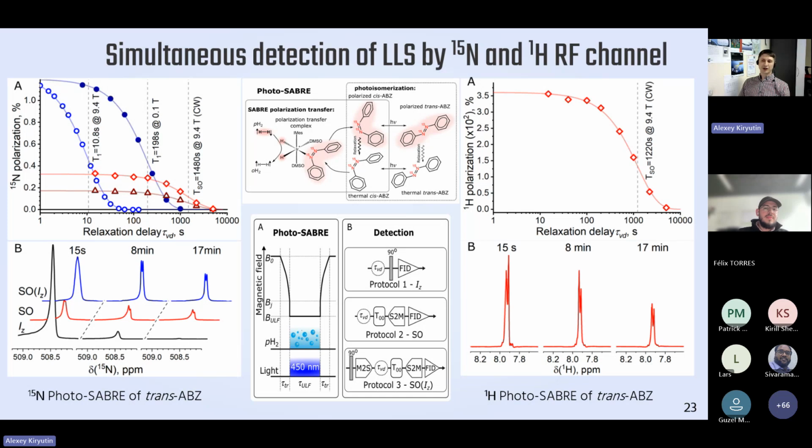So we tried only at natural abundance, but with natural abundance, first of all, the signal is tiny, and we also found out that 14N causes relaxation very fast. So we tried, but we would like to have a 15N labeled substituted azobenzene. It's an interesting topic. This makes sense.